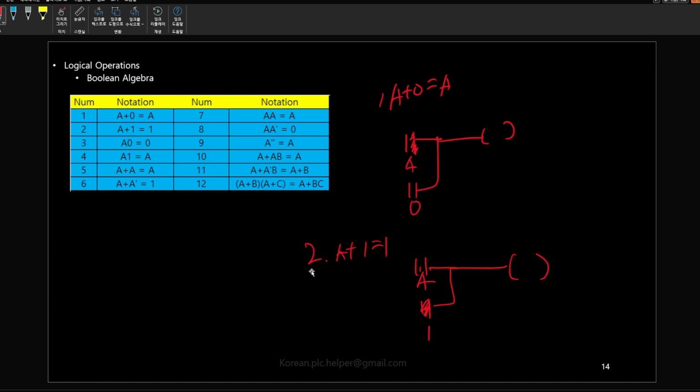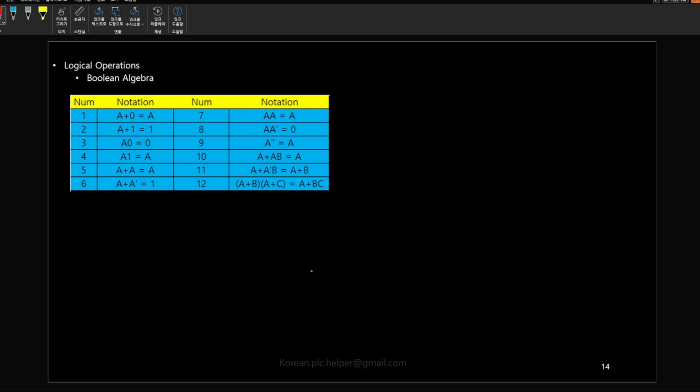And number 3, A multiplied by 0 equals 0. It is an AND gate with A and 0 in series.